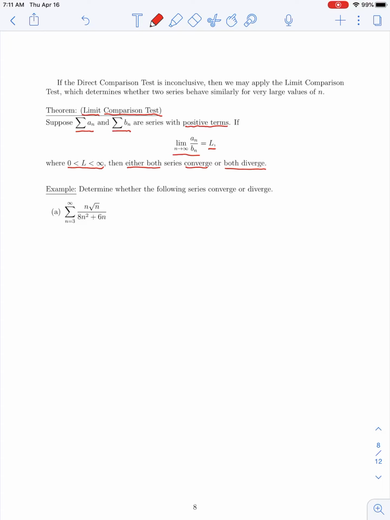So what this test says is if we're looking at large values of n and that ratio of terms, a(n) divided by b(n), is some number between 0 and infinity, that means that these two terms, a(n) and b(n), grow at approximately the same rate for large values of n.